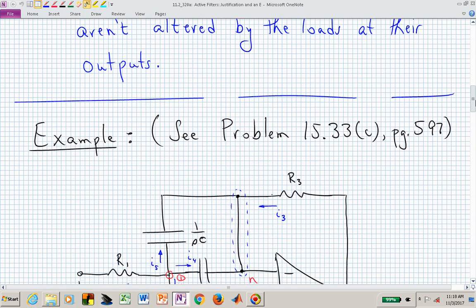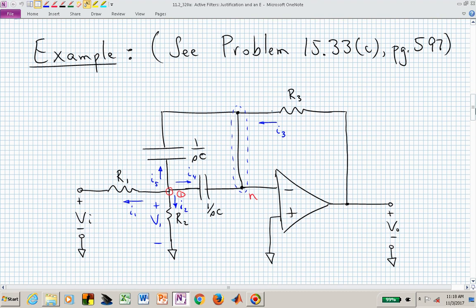So let's look at a particular circuit, and this one is actually coming to us out of the textbook. It's from part C of problem 33 in chapter 15, and in the newest edition, that's on page 597 of the textbook.